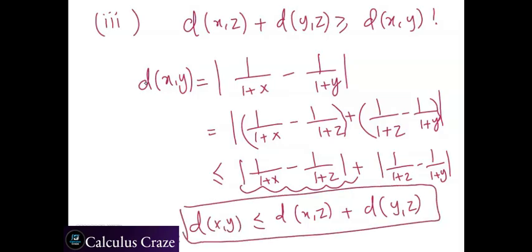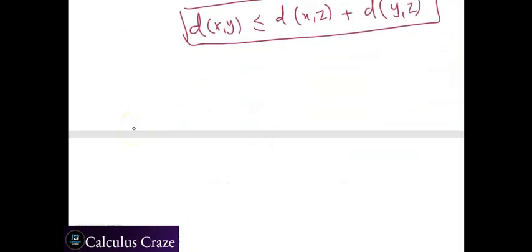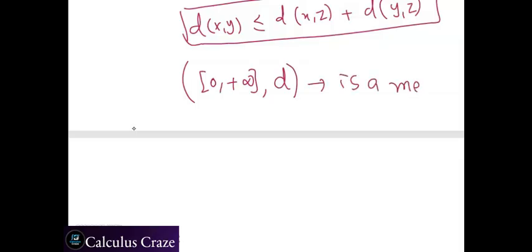So that is shown, right? In this way, this space 0 to plus infinity with this d is a metric space, right?